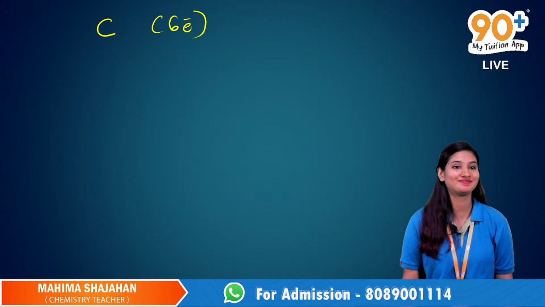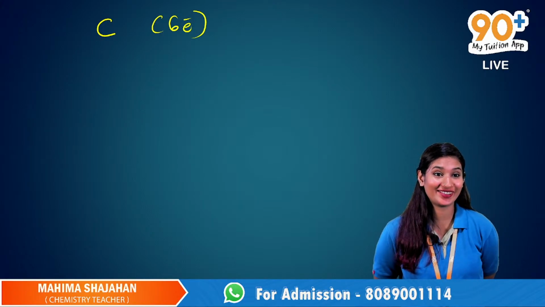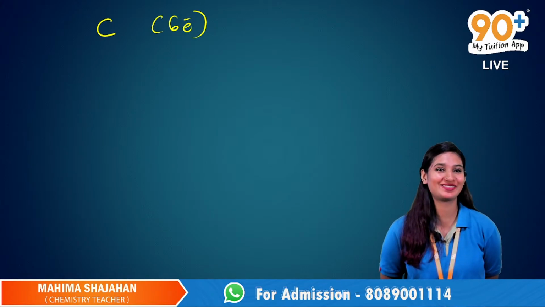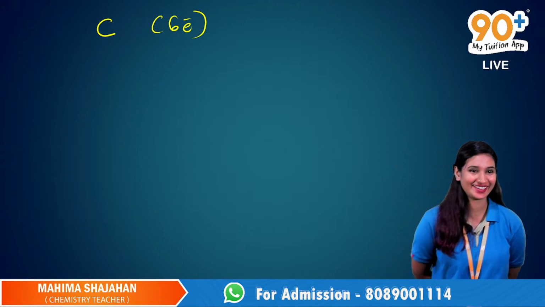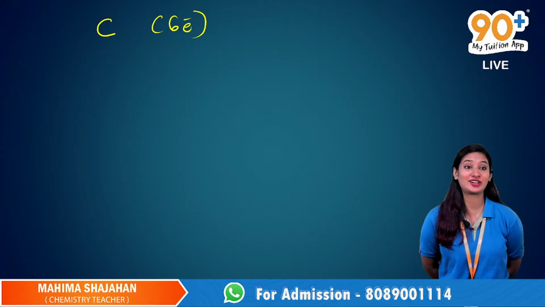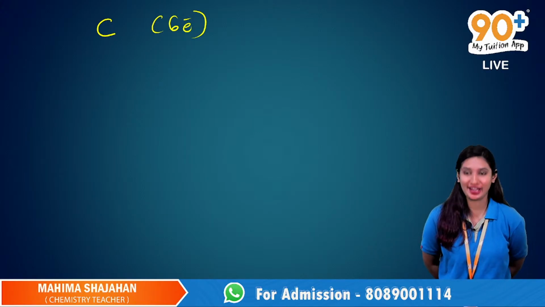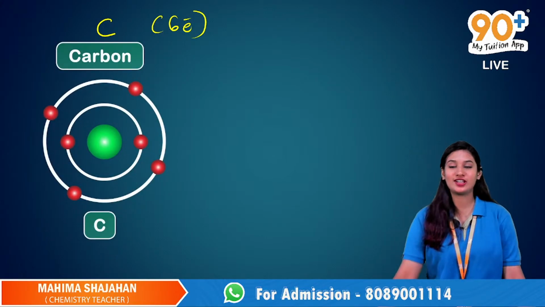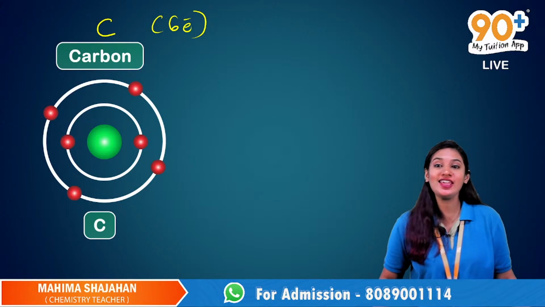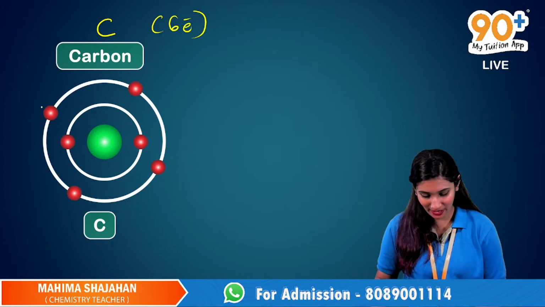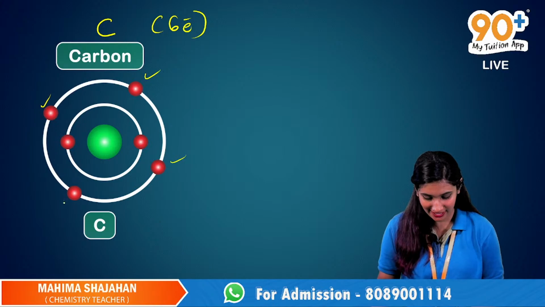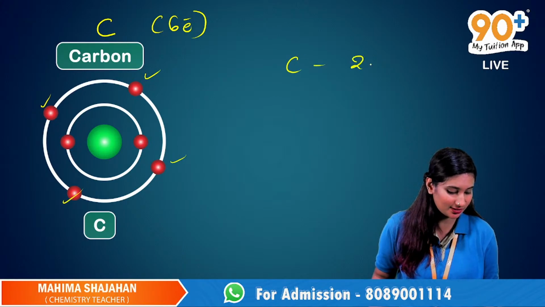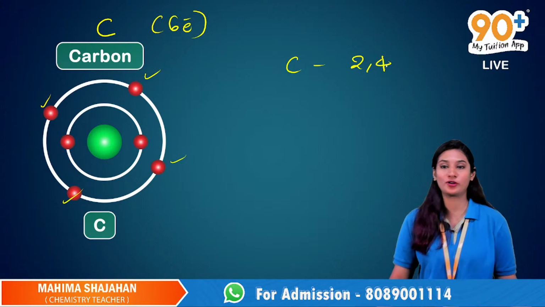The configuration is 2, 4. And did you get the structure? 2 electrons in the first shell and the remaining 4 electrons in the second shell. And the electronic configuration of carbon is 2, 4. Very good.